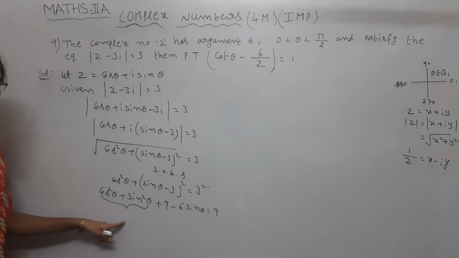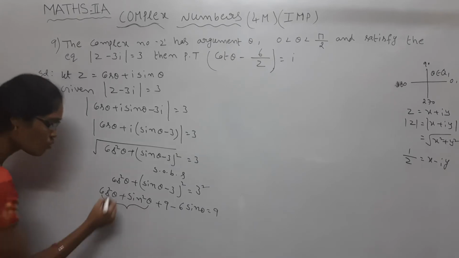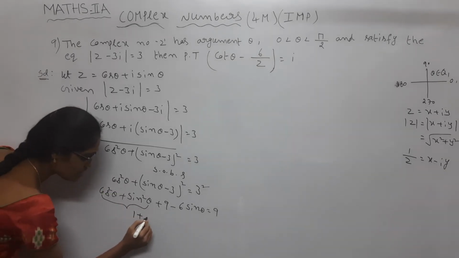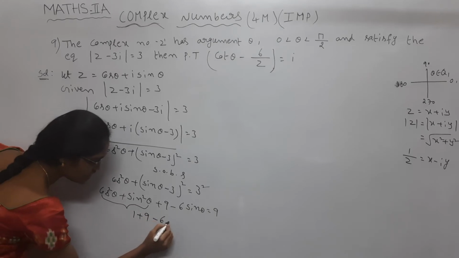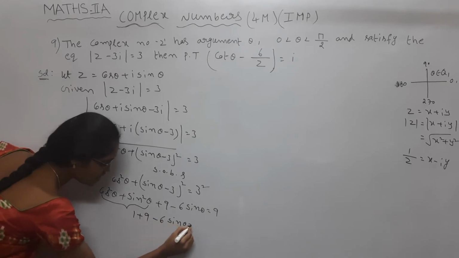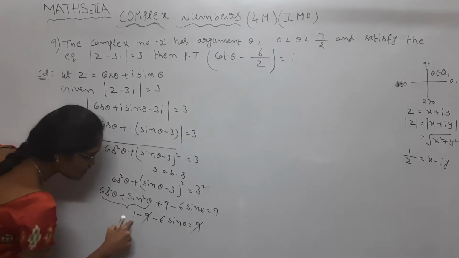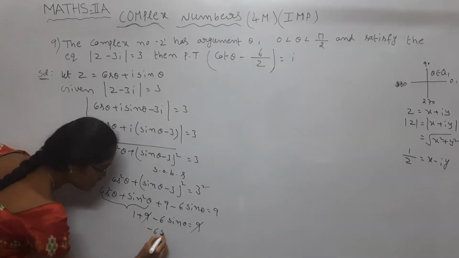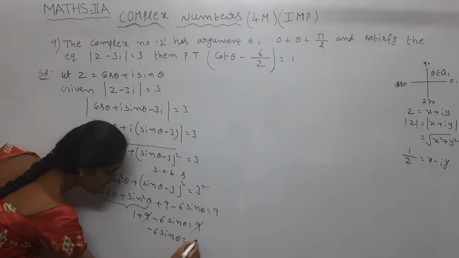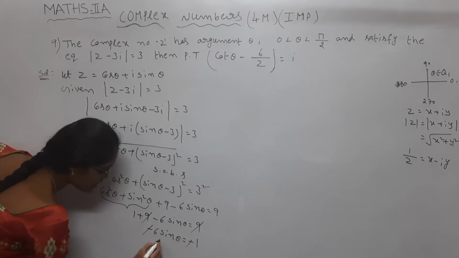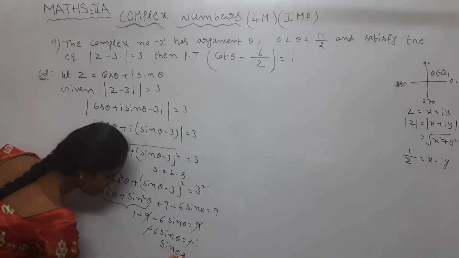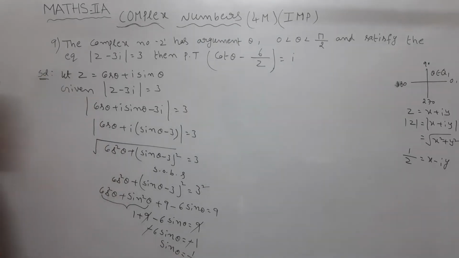Cos square theta + sin square theta is an identity with value 1. So 1 + 9 - 6 sin theta = 9. The 9 gets cancelled, the 1 goes to the other side: -6 sin theta = -1. The minus signs cancel, so sin theta = 1/6.